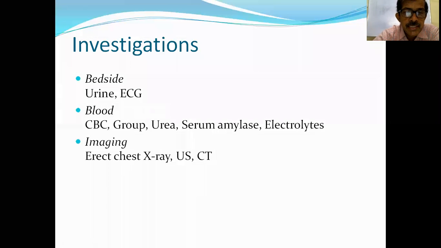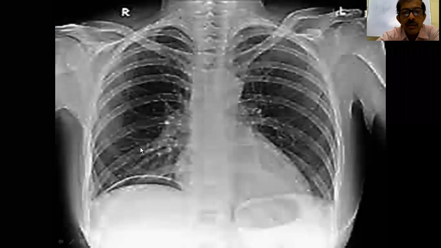So a simple sitting chest X-ray can be taken only to rule out pneumoperitoneum. Of course, you can do a bedside ultrasound, but in doubtful cases, say pancreatitis, you may have to do a CT scan. So a simple chest X-ray will exclude all perforations.